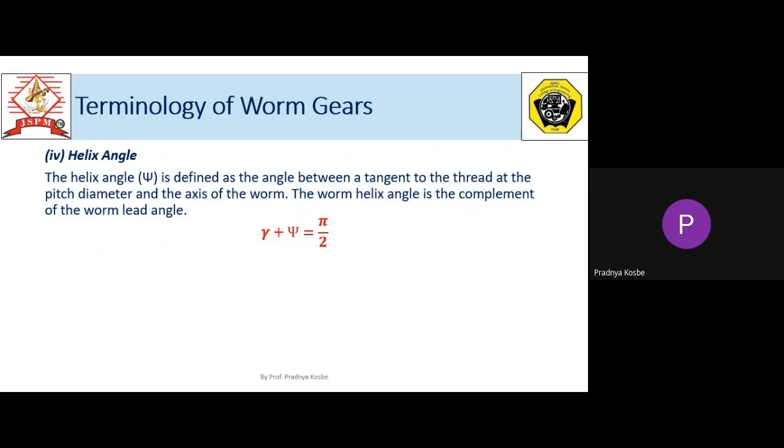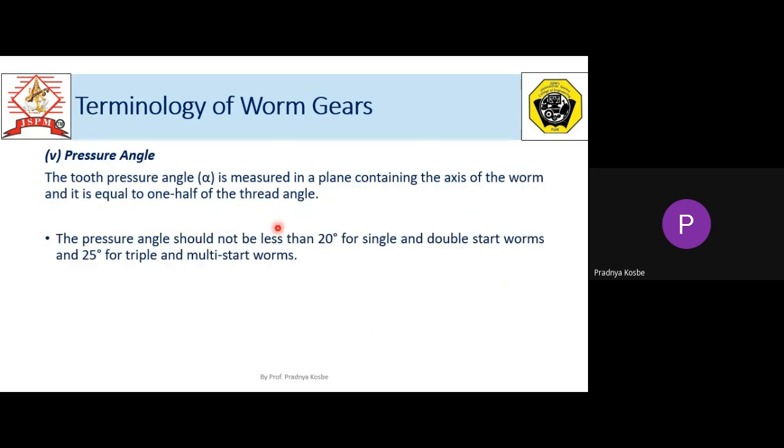Then pressure angle. The pressure angle is measured in a plane containing the axis of the worm, and it is equal to 1/2 of the thread angle.